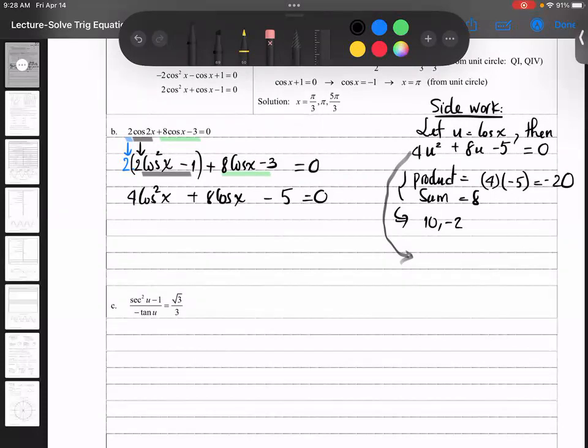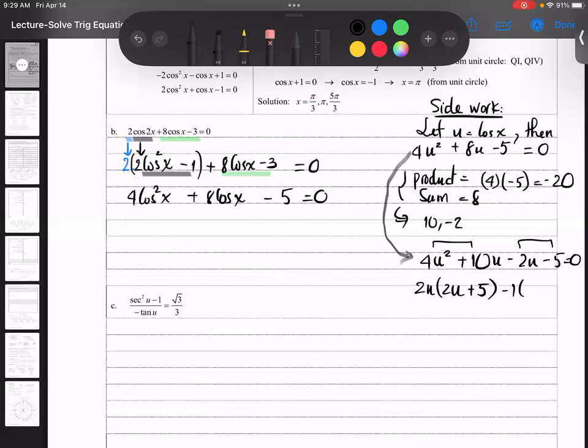So 4u squared plus 10u minus 2u minus 5 equals 0. It's still the same thing, I just made it into 4 terms. When you have 4 terms, use group factoring. Group the first two and the last two. I'm going to factor out 2u from the first group, so that will be 2u plus 5. What should I factor out for the second group? -1, because I need another 2u plus 5. When you factor out the negative, it changes the sign.